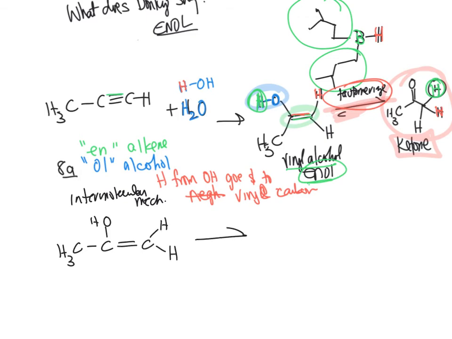But so when I do my tautomerization, I say, okay, these electrons from the pi bond are going to take this hydrogen away, and then those electrons go down to form the ketone.